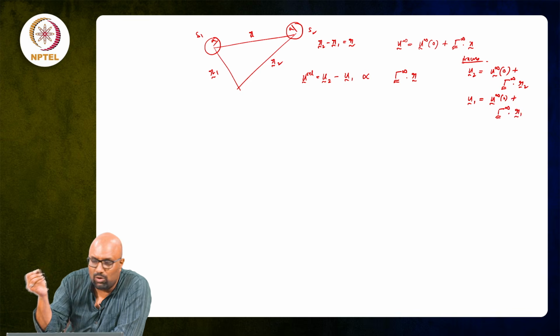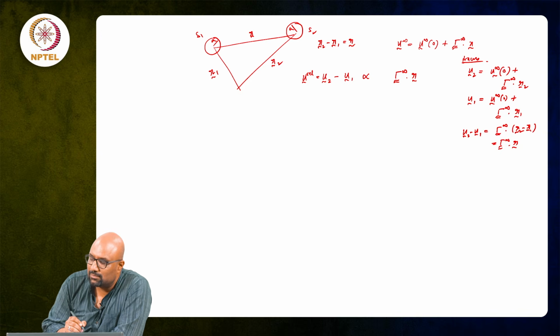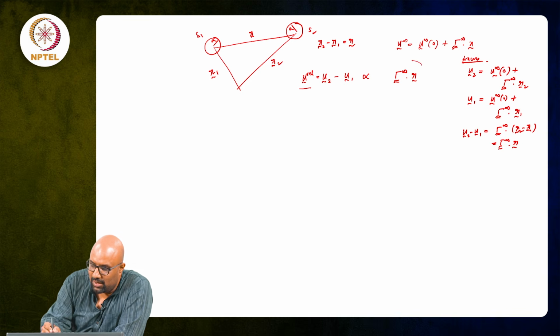If you just consider two fluid particles at location r1 and r2, their velocity is going to be the fluid velocity at those locations. So, the relative velocity u2 minus u1 is going to be gamma infinity dot r2 minus r1, or gamma infinity dot r. Correct.